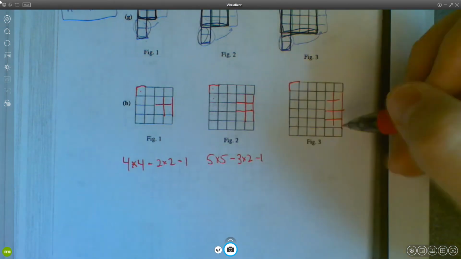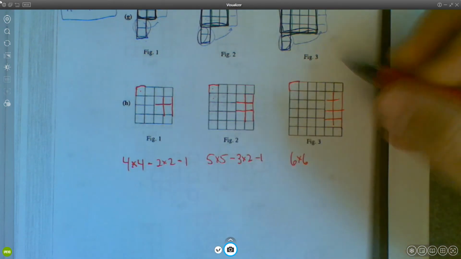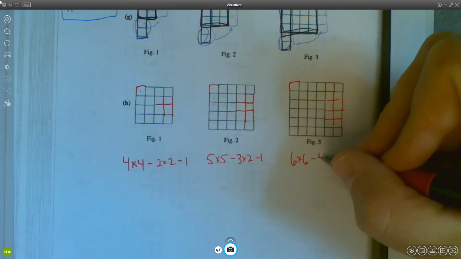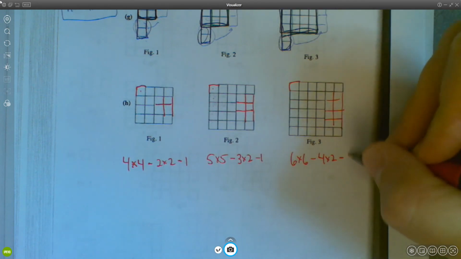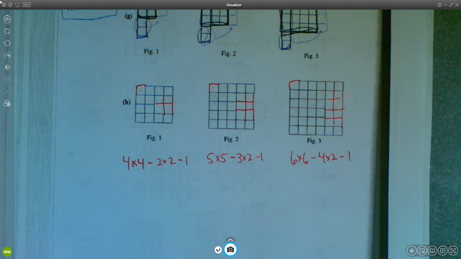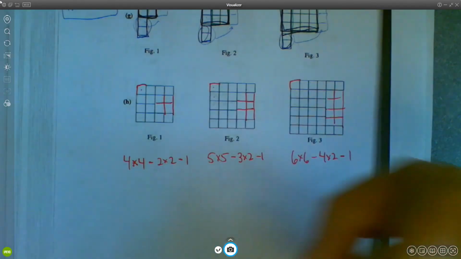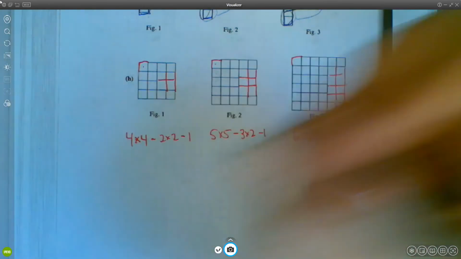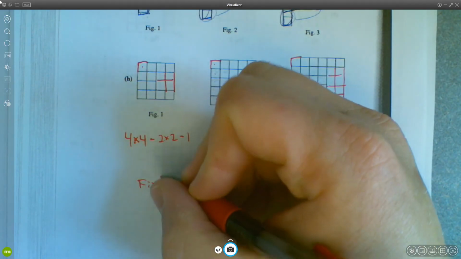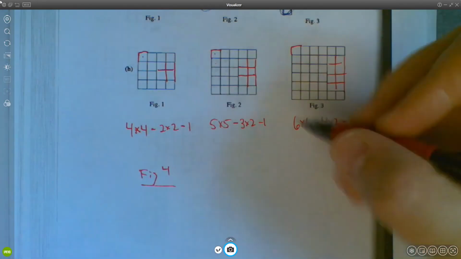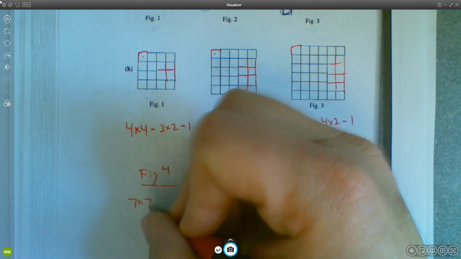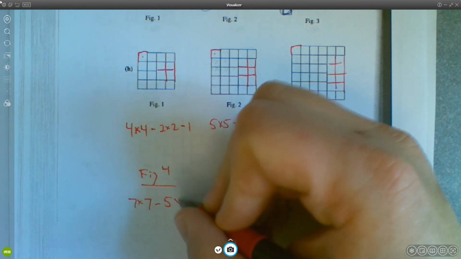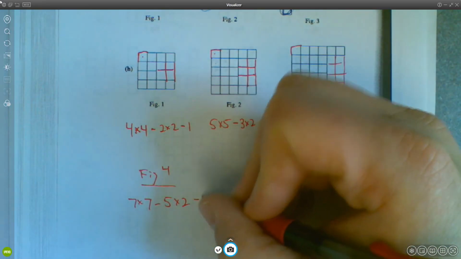And here I had a 6 by 6, but I was missing a 4 by 2 and also missing a 1. Okay, so I can pretty much guess now that for figure 4, I'm going to go up to a 7 by 7. I'm going to be missing a 5 by 2. And as always, I'm going to be missing that 1.